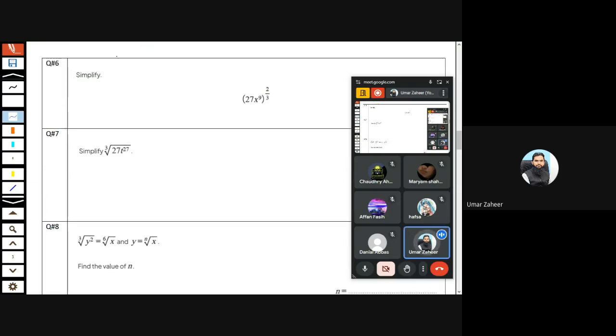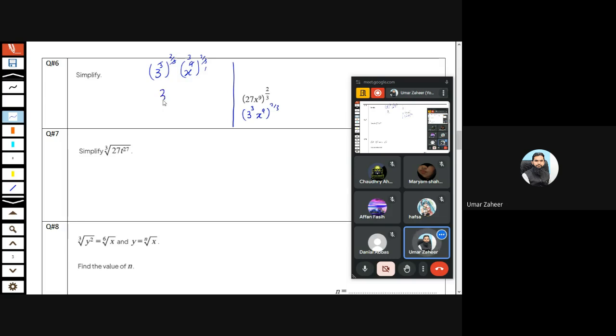The next is you have 27 x raised to power 9, and the whole raised to power 2 over 3. The prime factor of 27 is 3 raised to power 3. Now apply the power. 3 raised to power 3 and whole raised to power 2 by 3, x raised to power 9 and whole raised to power 2 over 3. 3 will be cancelled out. 3 times 1 is 3, 3 times 3 is 9.